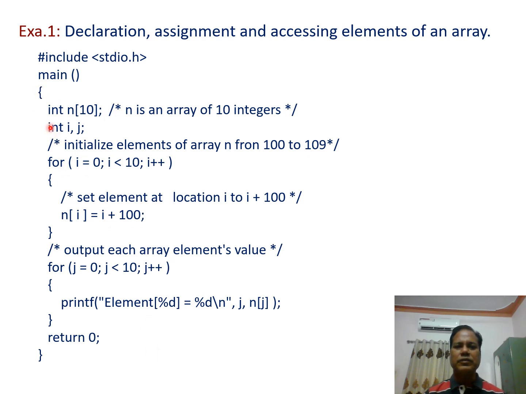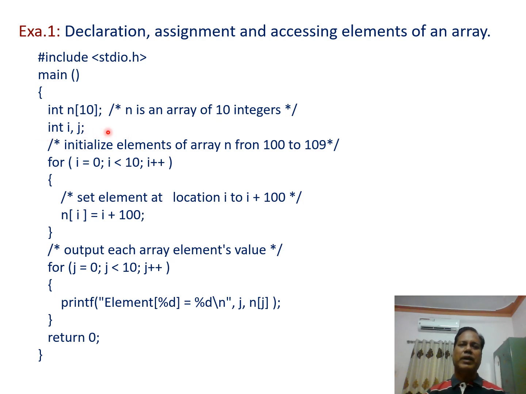In this code the first statement is int n[10]; and this statement declares an integer array n that can store 10 values. Then the next statement declares two integer variables.